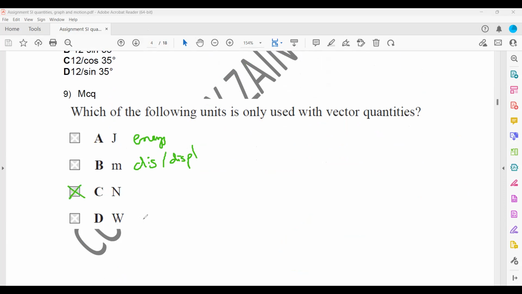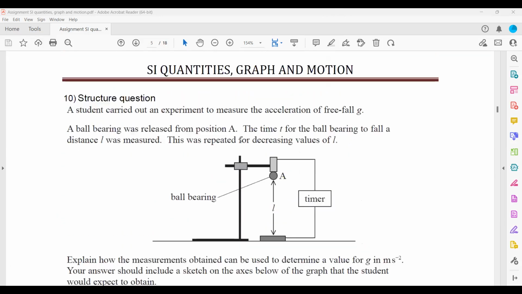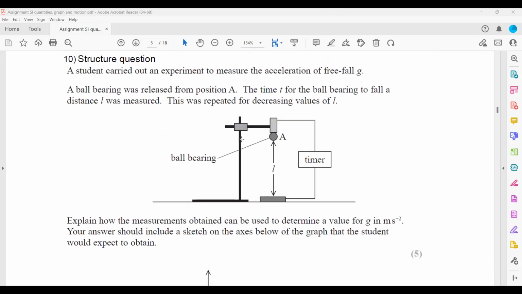And what is the unit of power? Power is a scalar quantity. Here meter can be scalar or vector. If it was displacement, it's a vector quantity. Distance is a scalar. But Newton is always used for force and force is always vector. That's why C is a valid answer.